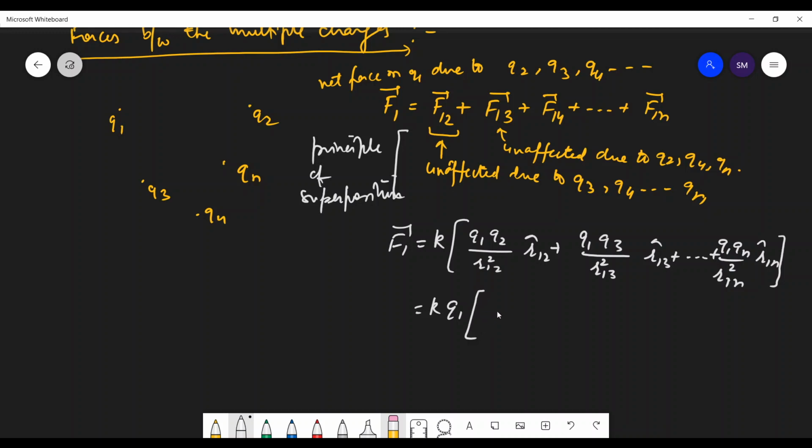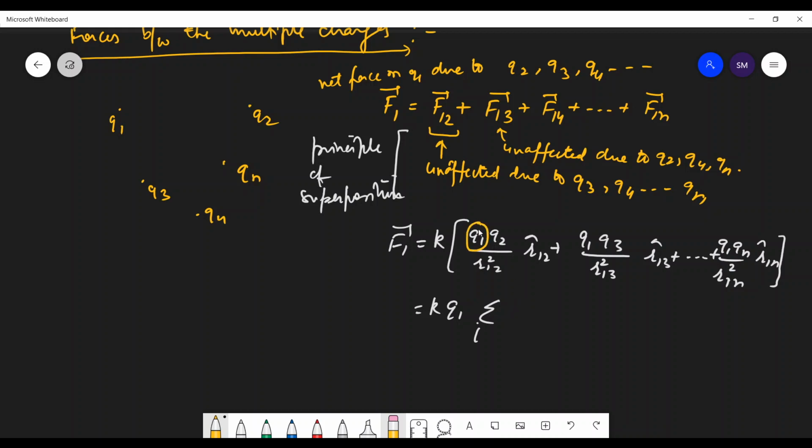Further, I can write them as a summation, the sum of all of them. I need to find out what is constant and what is variable in all of them. First of all, let us write the constant values.